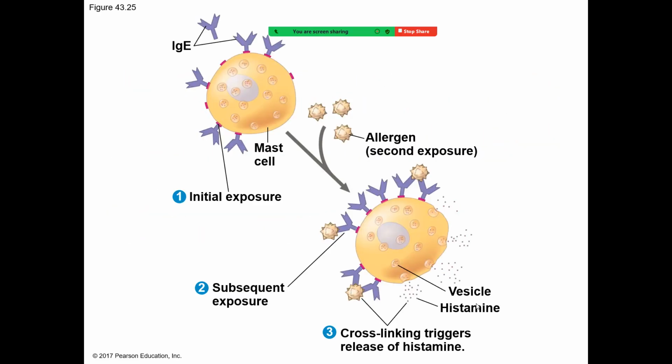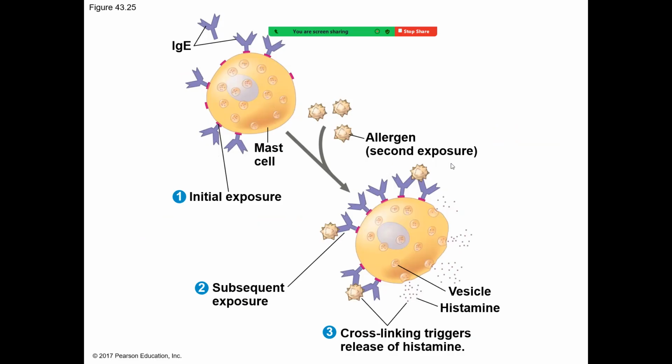This is showing you allergies. So you have an initial exposure. You can see IgE, these are antibodies that are attached to mast cells. And the initial exposure is due to an allergen that has come in and sensitized the body.